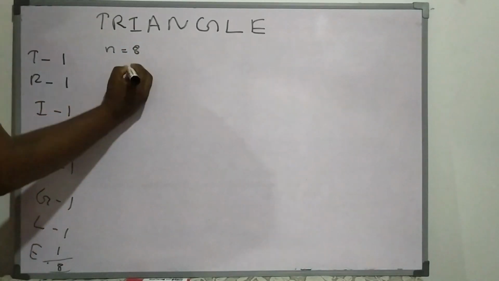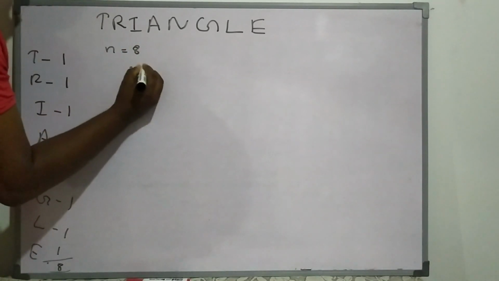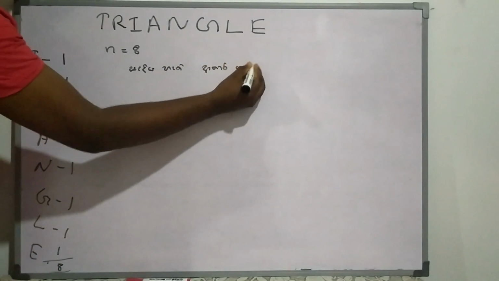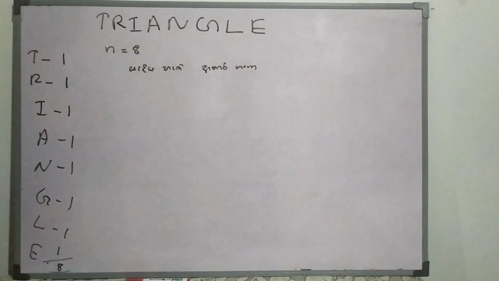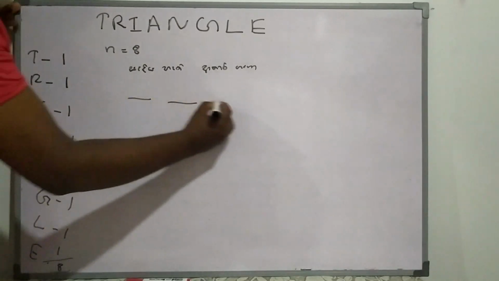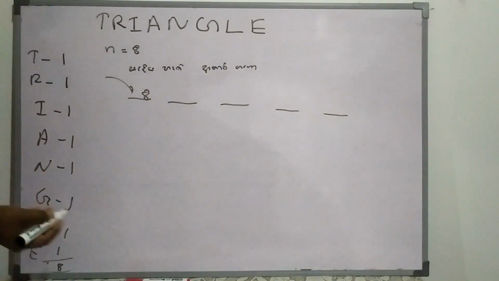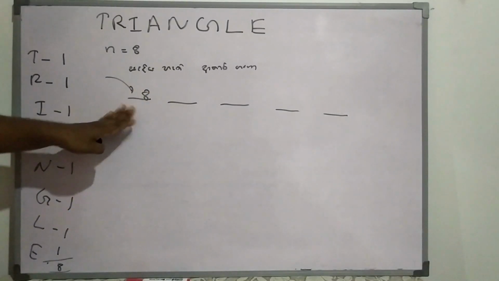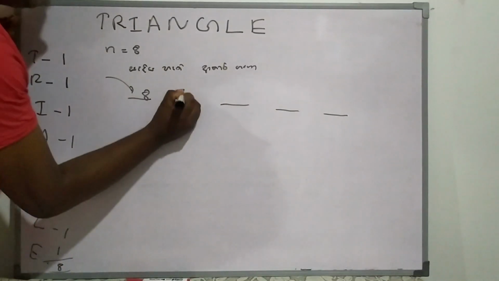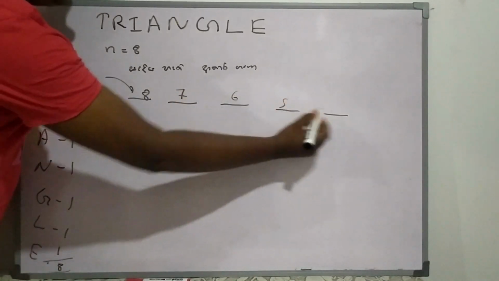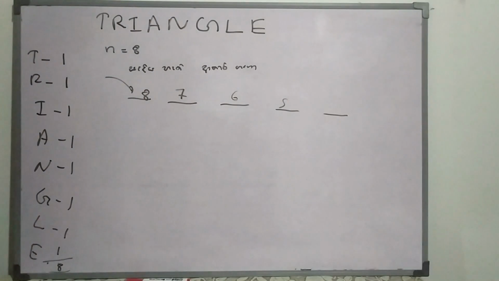The first Roman number asks how many arrangements we have using all letters, considering any order. We have 8 letters. For the first position we can put any of the 8, the second position 7, and next 6, 5, 4.